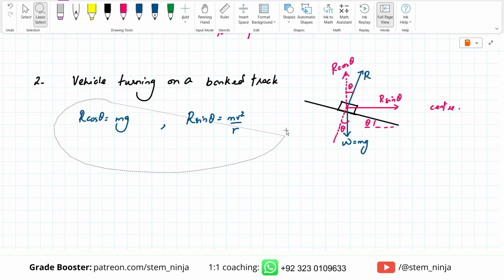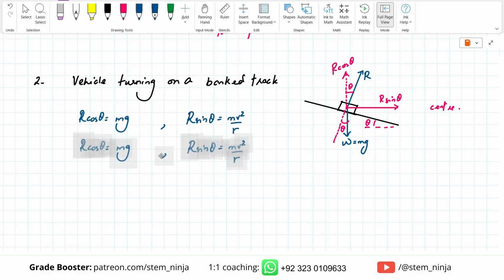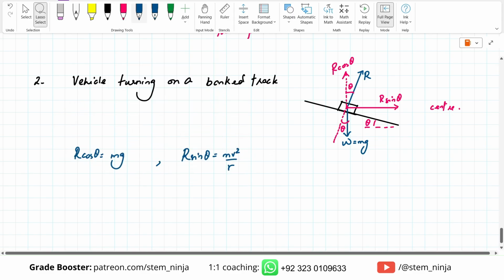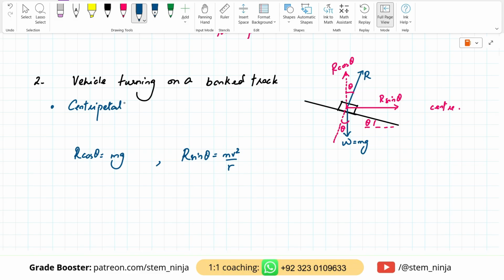Okay, so we can write this first before we go into the derivation. So, sorry, not friction, centripetal force is provided by a component of the normal contact force, a normal reaction force.